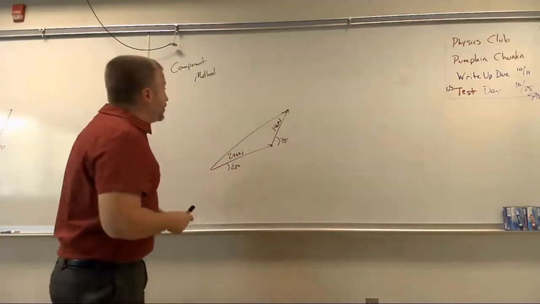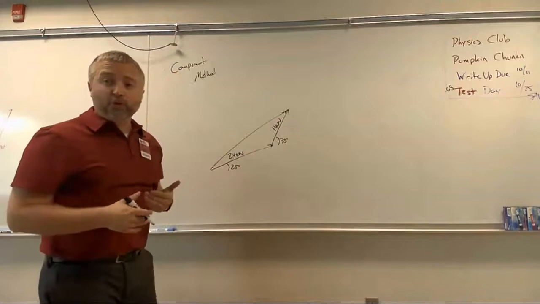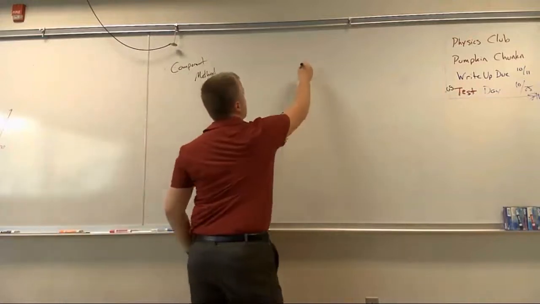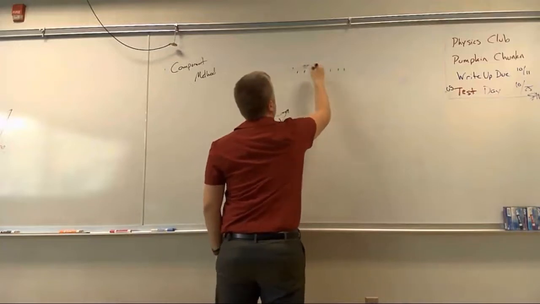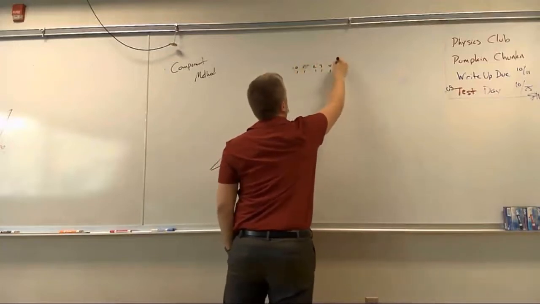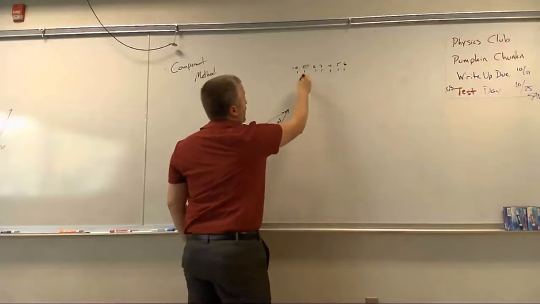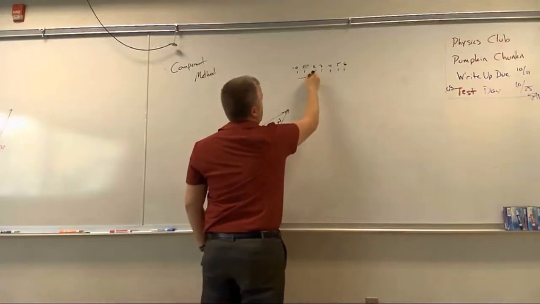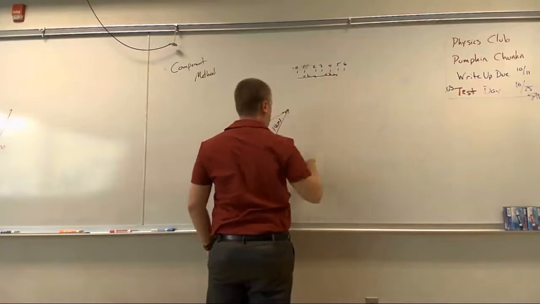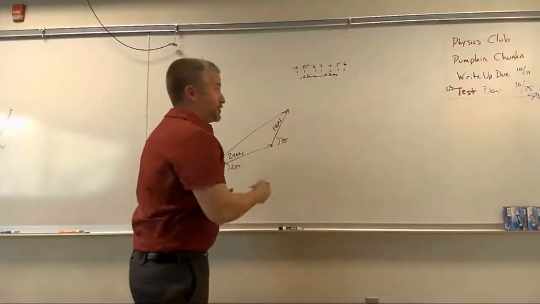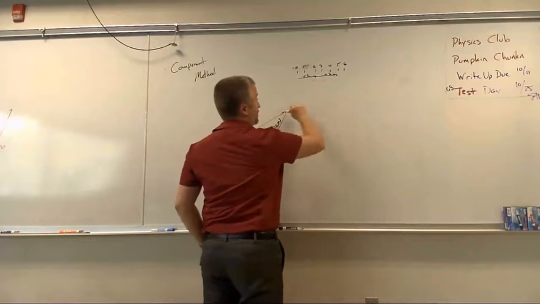So if you remember with normal addition, if I make a number line, 0, 1, 2, 3, 4, 5, 6, and I have say +2, +3, that is just two vectors going in the same direction.